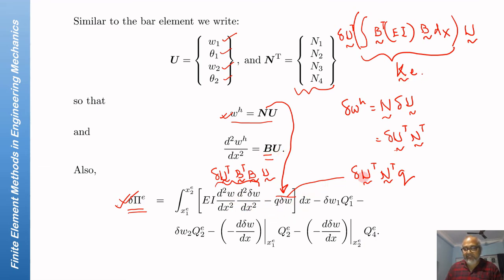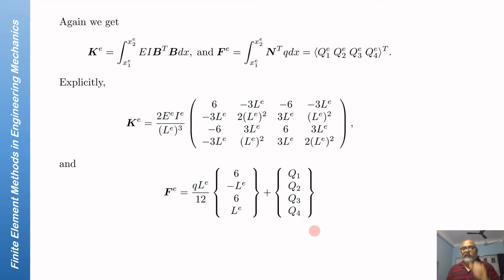Here in the second term you have n transpose Q integrated from x1e to x2e dx as your Fe, and these are boundary terms. So this is what you will have.